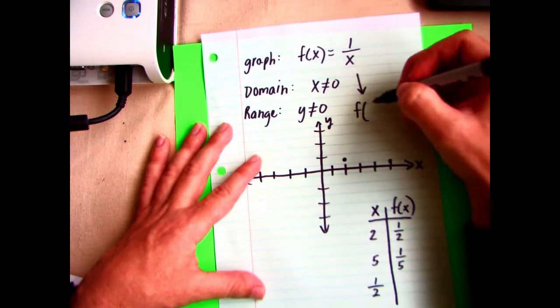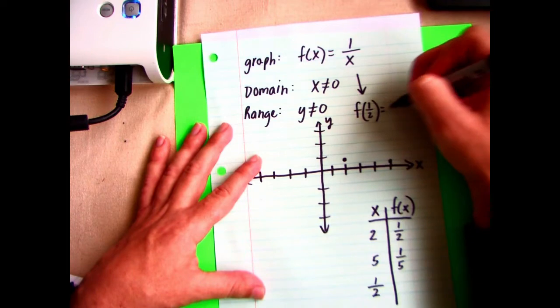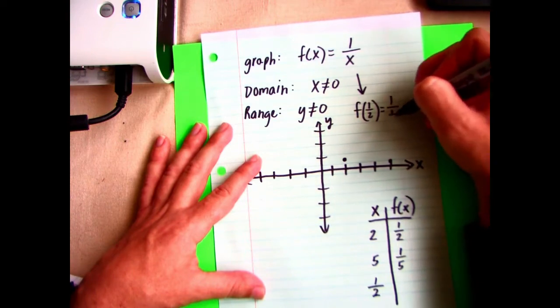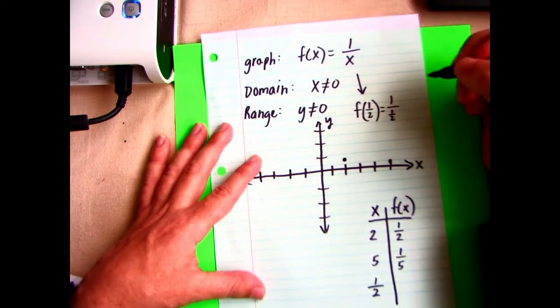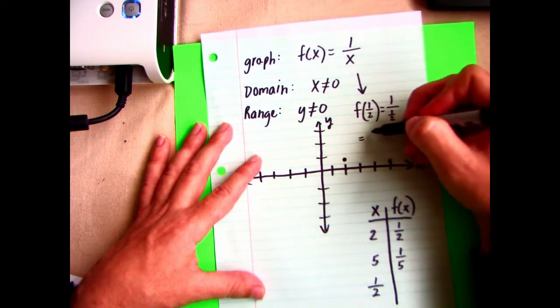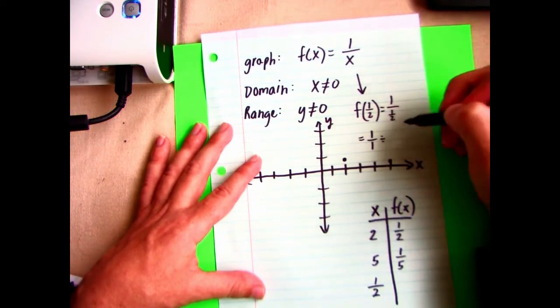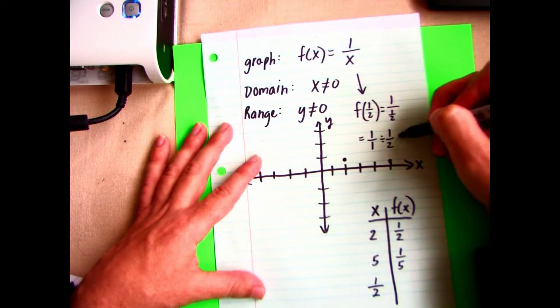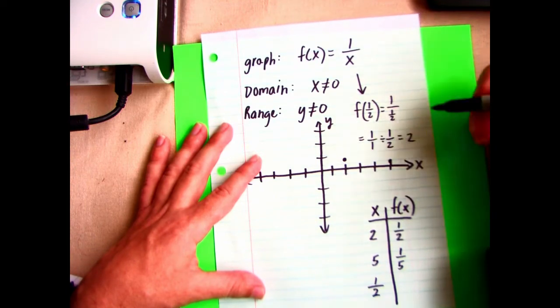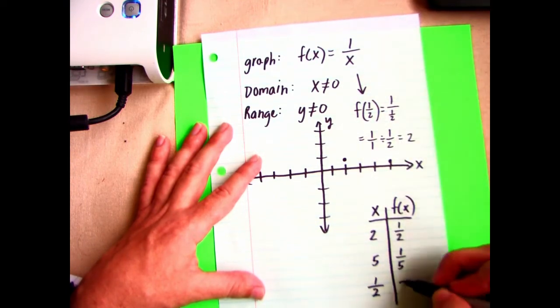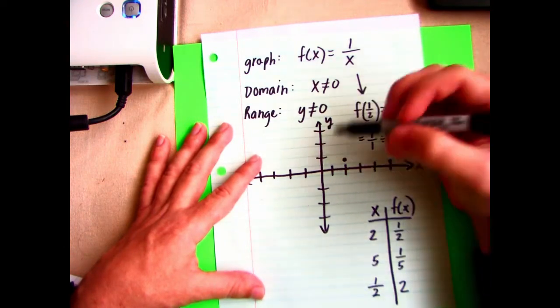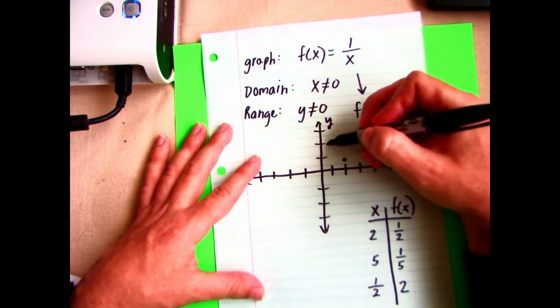When x is 1/2, f of 1/2 is 1 over 1/2, which, if you simplify that, 1 divided by 1/2, that is 2. So when x is 1/2, the output is 2.